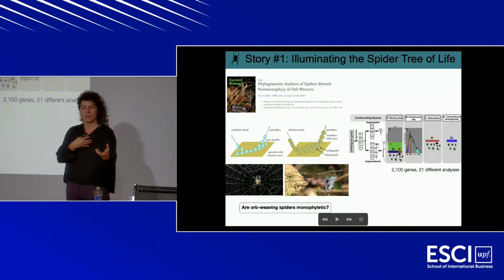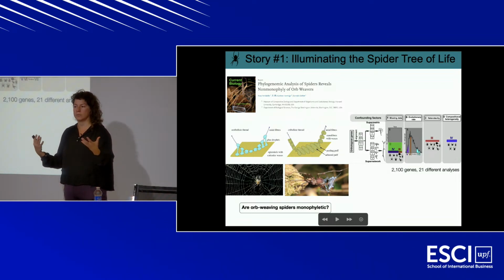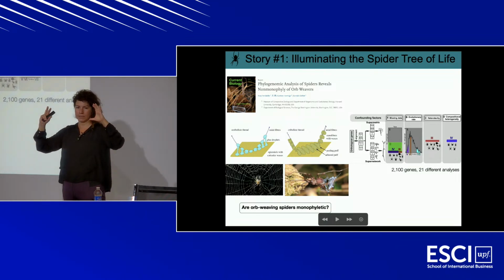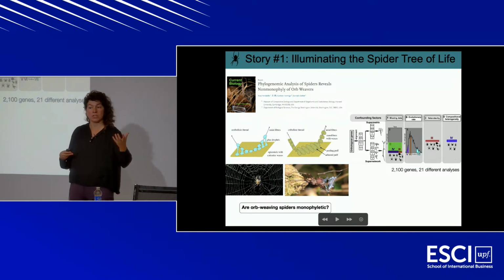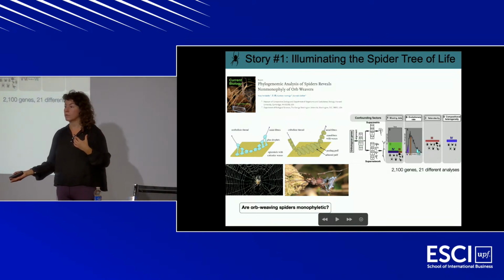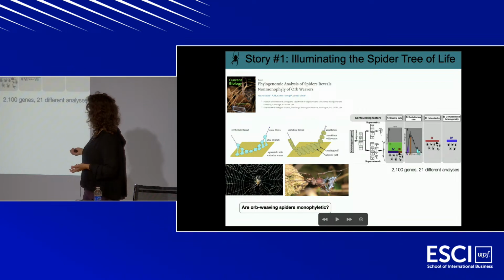We are not recovering the same genes in all the species, so when we concatenate all the genes in all the species, we end up with a matrix like a Gruyere cheese that has holes, right? And this can bias our results, or the evolutionary rate. There are some genes that evolve faster, others evolve more slowly. So we need to also check how this is affecting, and so on and so forth.